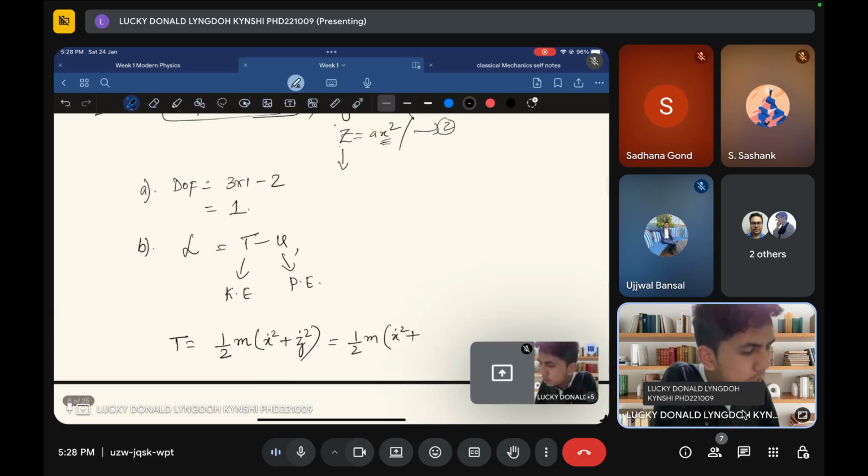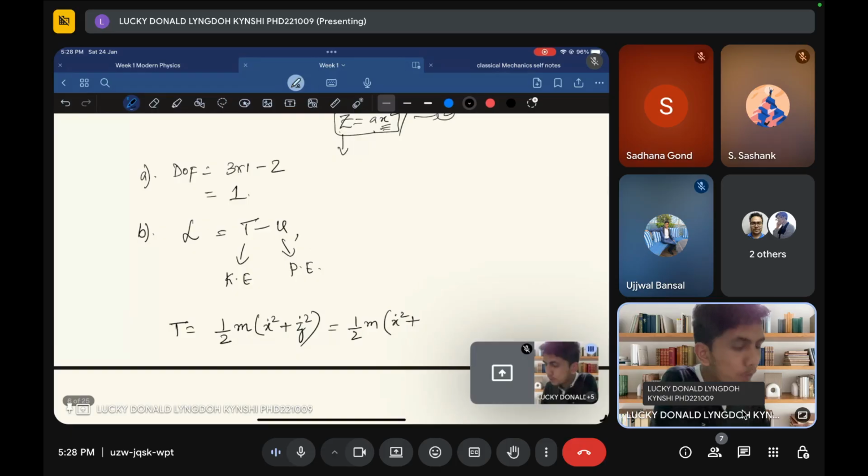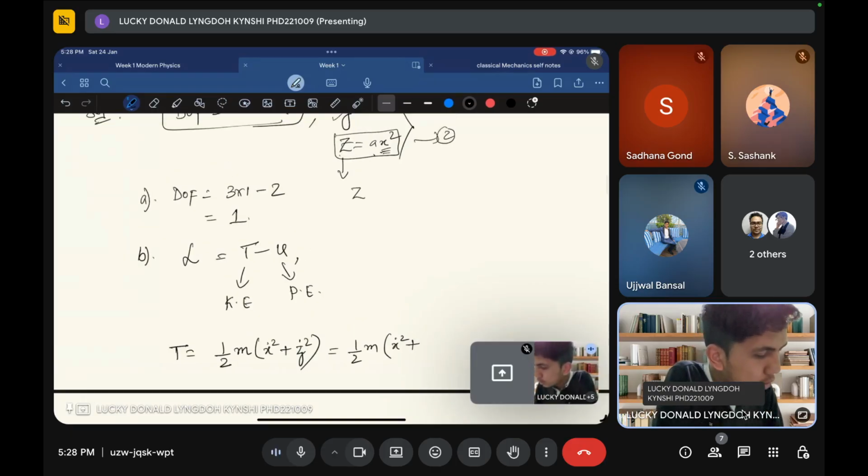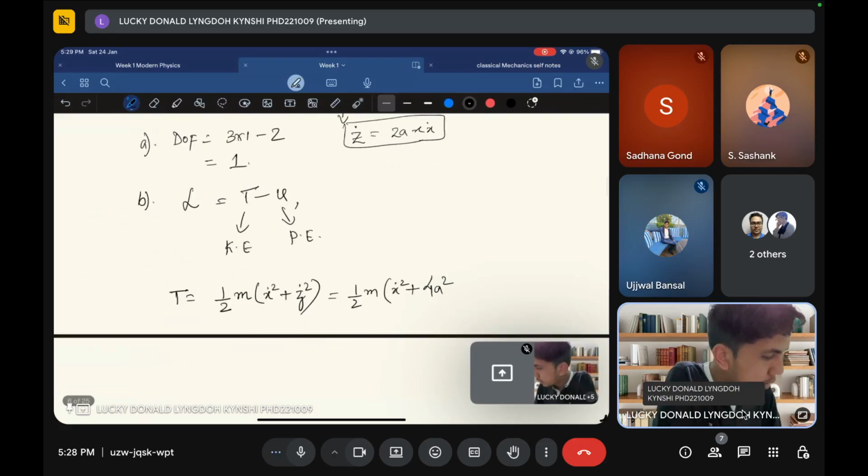Z, you already know here, z is equal to ax square. So I can replace the value of z in the form of x. So z dot is equal to 2ax x dot. Then z dot square will be equal to 4a square x square x dot square.